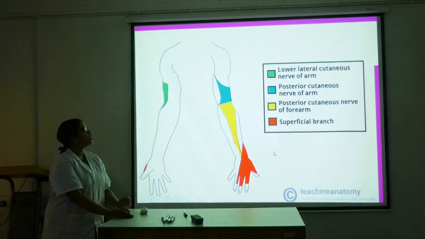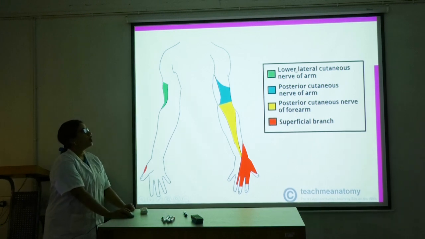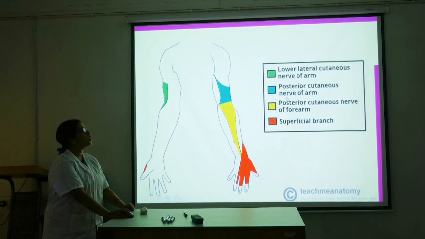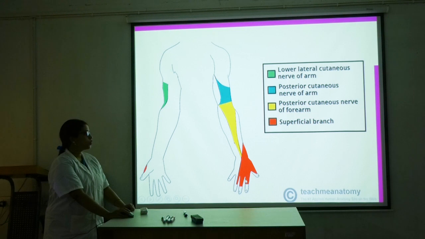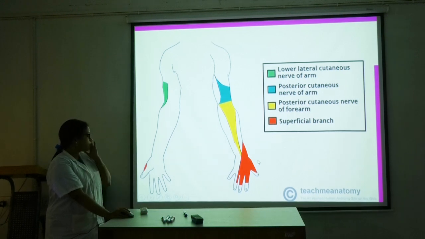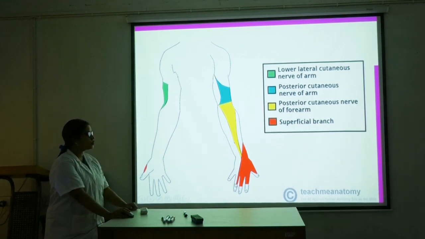Then I told you, the posterior cutaneous nerve of arm. Then the posterior cutaneous nerve of forearm, and this is the superficial. So now you could understand. See the dorsum, from where? From the thumb up to the 1.5.